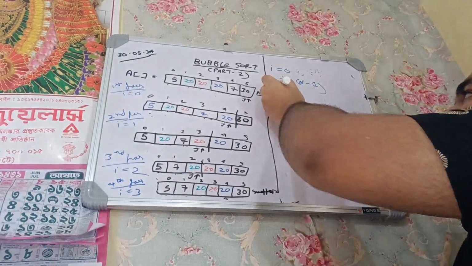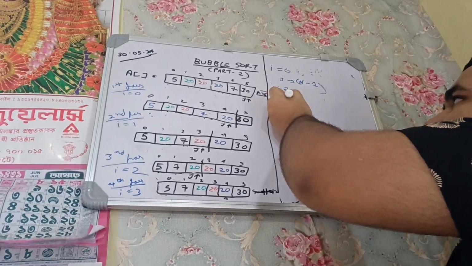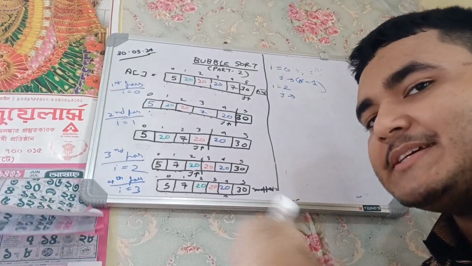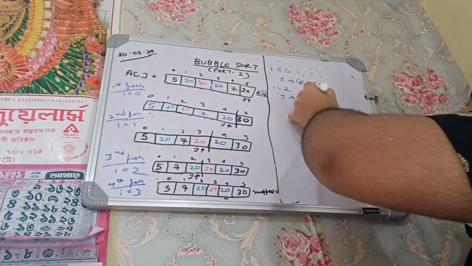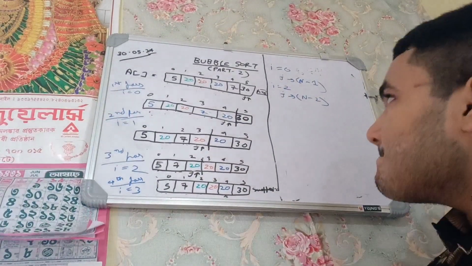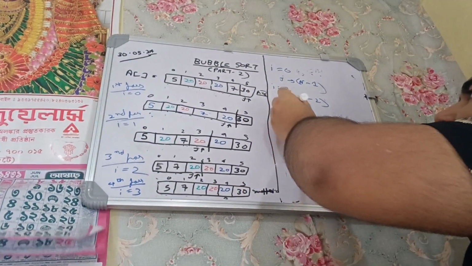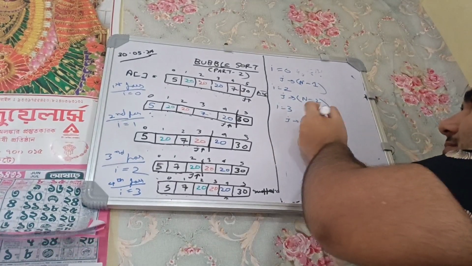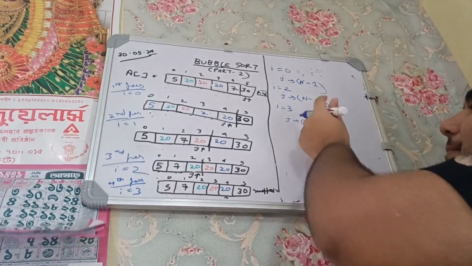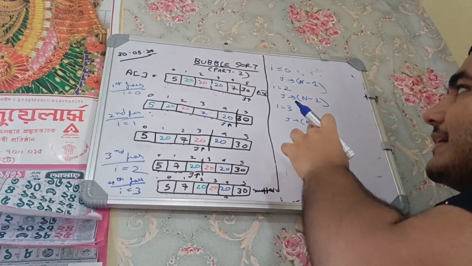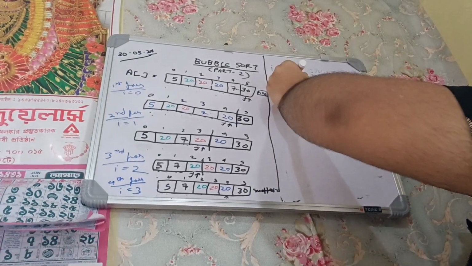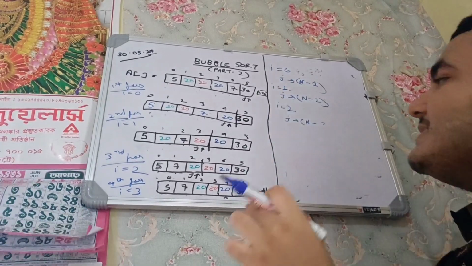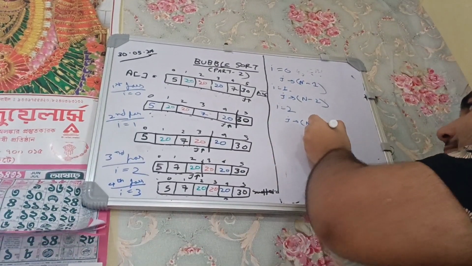Now when i is equal to 1, j is moving up to n minus 1 minus 1, n minus 2 times. When i is equal to 2, j is moving n minus 3 times.